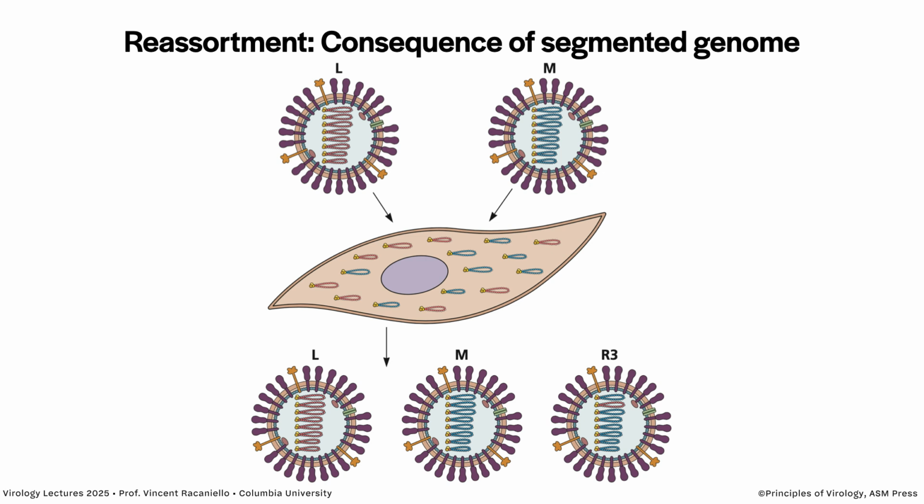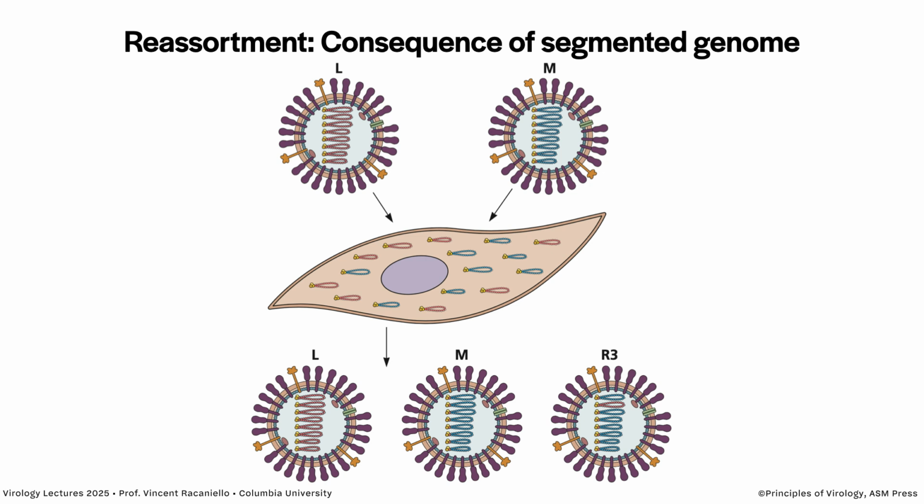Now, viruses that have segmented genomes in pieces, they can do something that no other genome can do. They can do reassortment. What is that? So here are two influenza viruses with 8 segments each, and one of them has red and one of them has blue segments. When these two viruses infect a cell and the segments reproduce, they mix up, right?